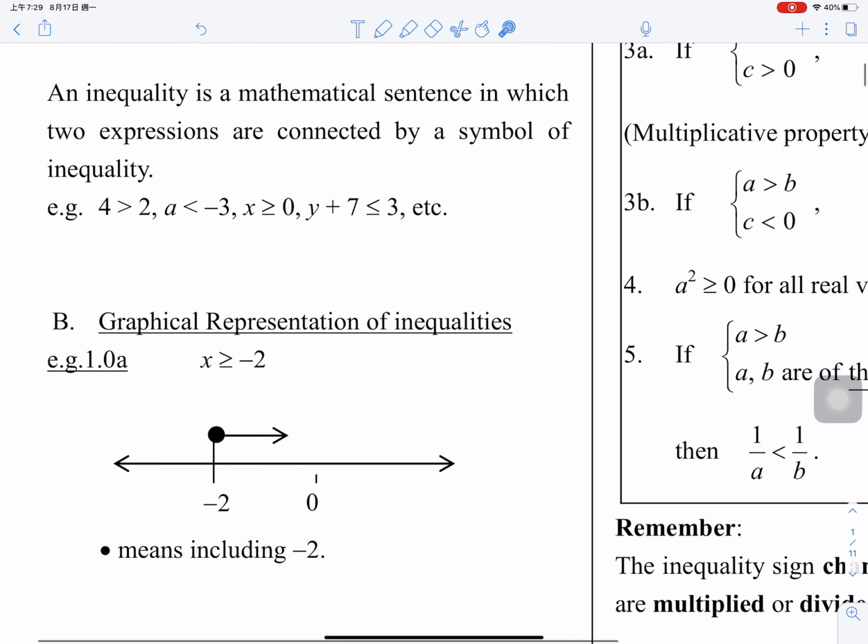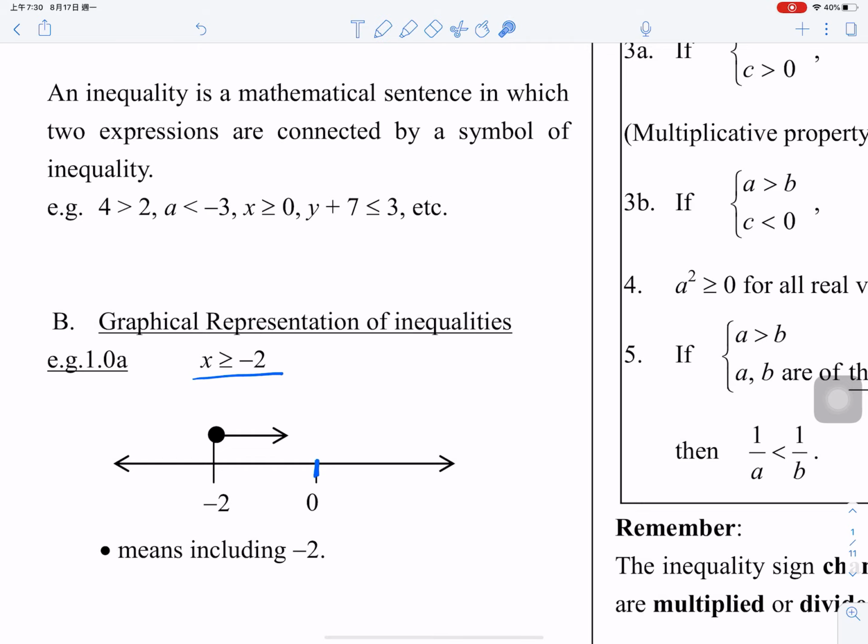Let's see part B, graphical representation of inequalities. Do you remember? This one is the answer, right? Then it asks you to express it in a graphical method, okay? Then the graphical representation will be like this. Here is 0, then -2, right?